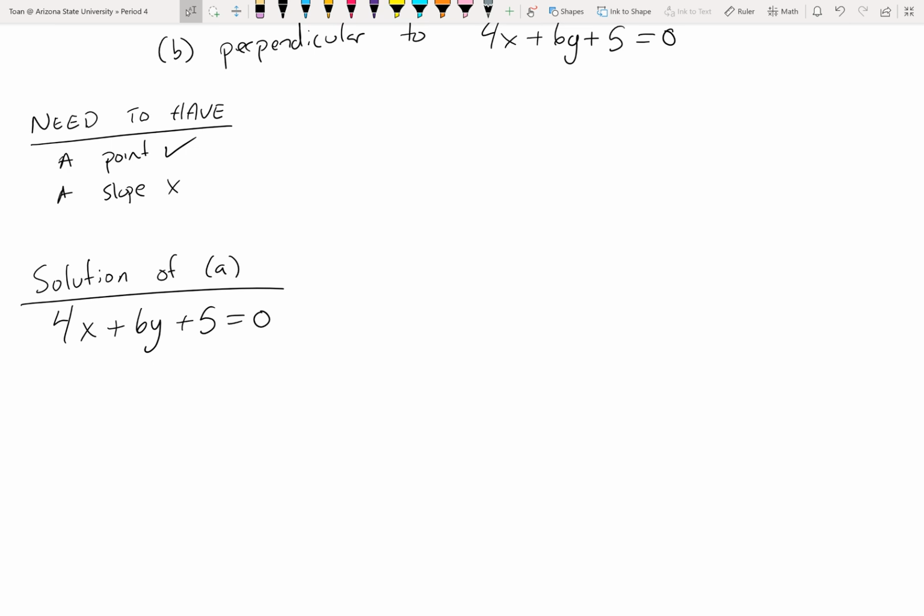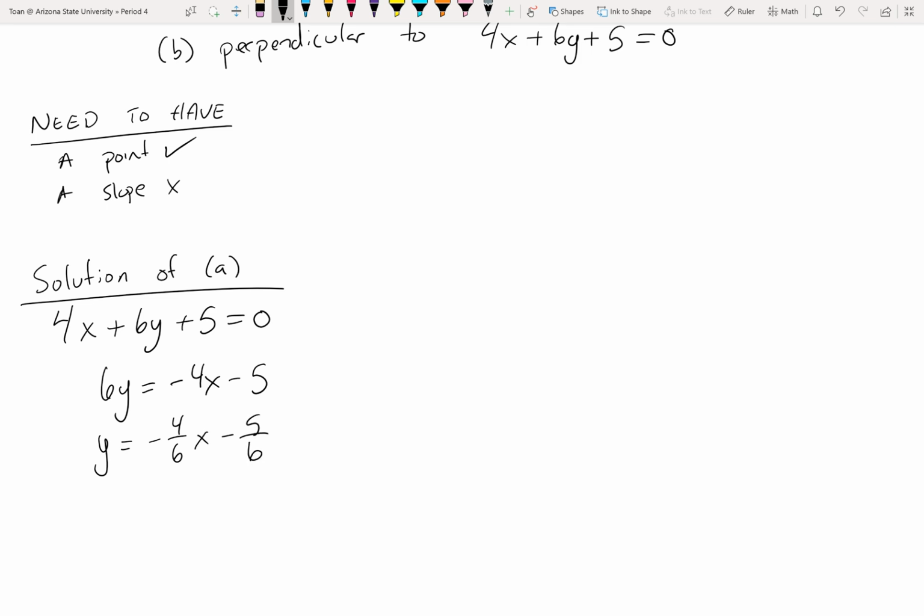I hope by now, after all of our solving review, we know how to do this. I'm going to do 2 steps at once. Let's subtract the 4x and let's subtract the 5 at the same time. So you get 6y equals negative 4x minus 5. And then lastly, divide everything by 6. Y equals negative 4/6 x minus 5 over 6.